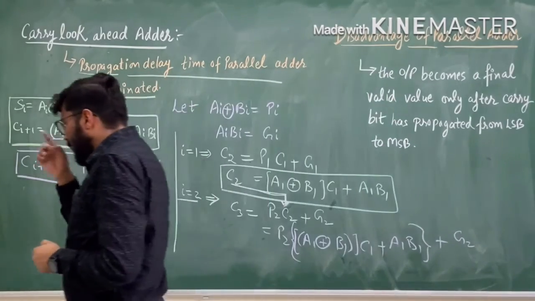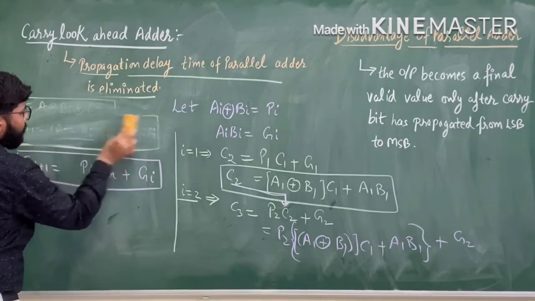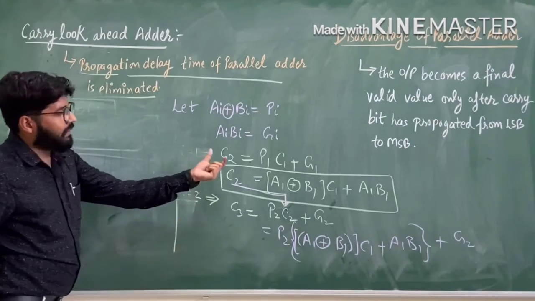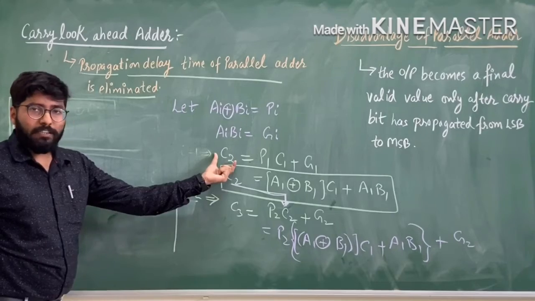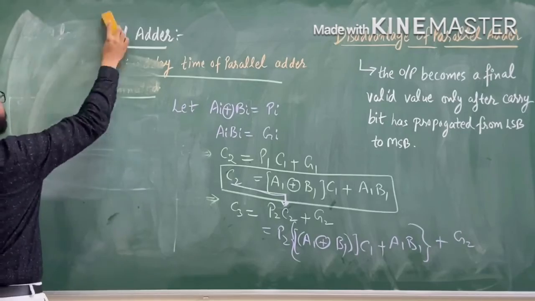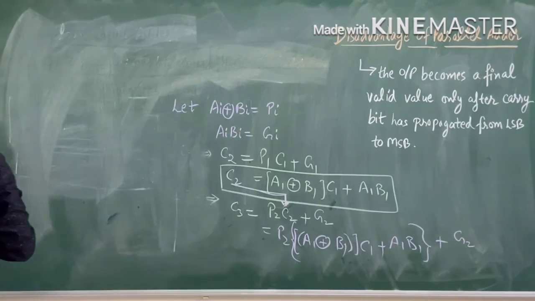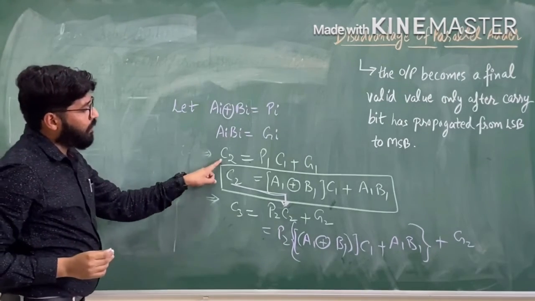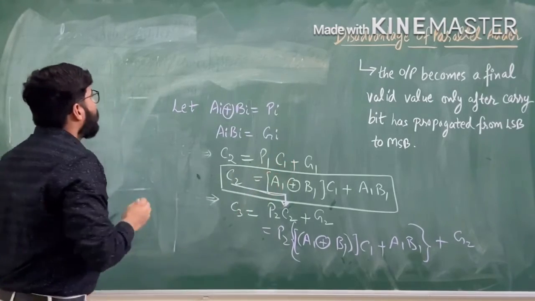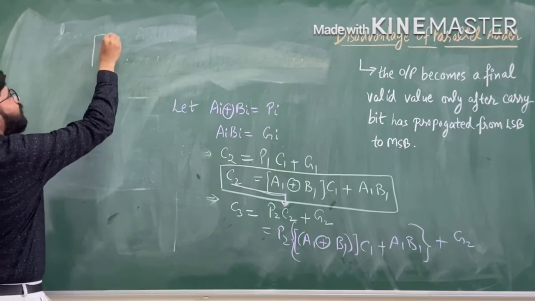Now we can see the combinational logic circuit of the carry look ahead adder. Suppose we want to design this carry in terms of a combinational logic circuit. C2 is a multiplication of P1 and C1, so we can apply the AND gate, because in an AND gate we get a multiplication.